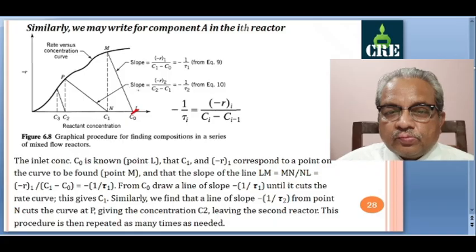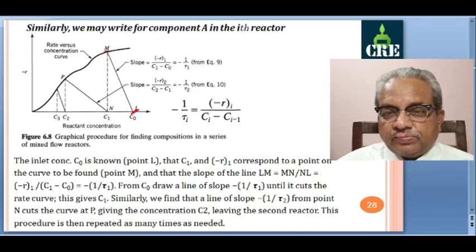If you represent this R1 here, value somewhere here, so dy by dx, dy is R1, dx is C1 minus C0, and that is the same as the slope of minus 1 upon tau 1.